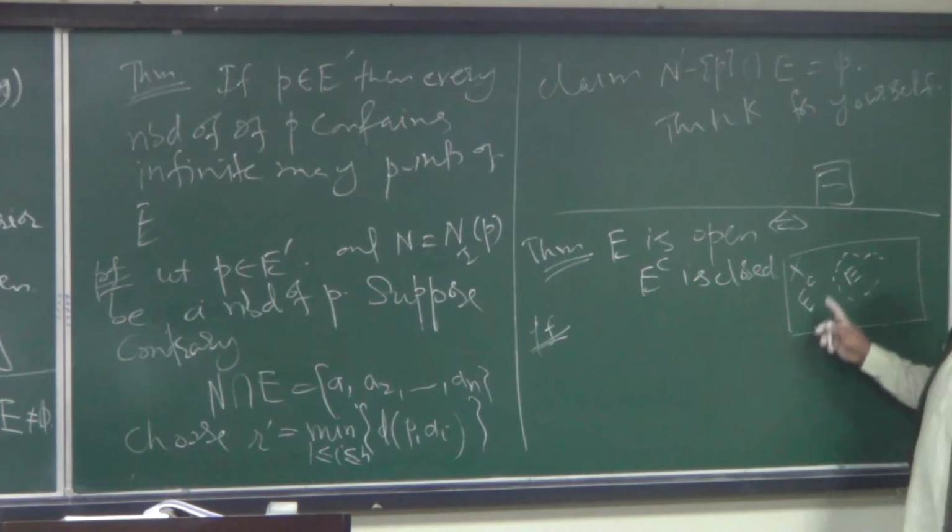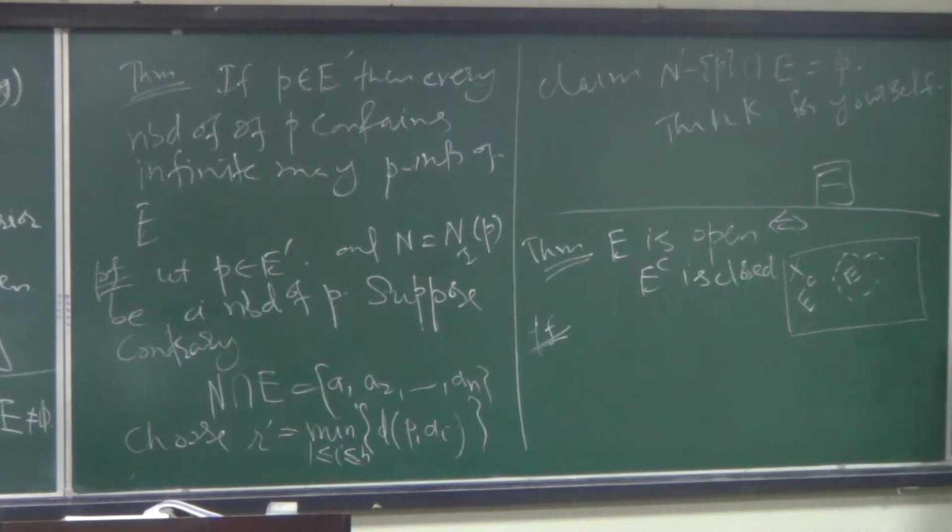So why do you think that E complement is going to contain all of its limit points? Imagine a point P. Obviously I can't have a P outside the meeting space. So P has to be in one of these places.